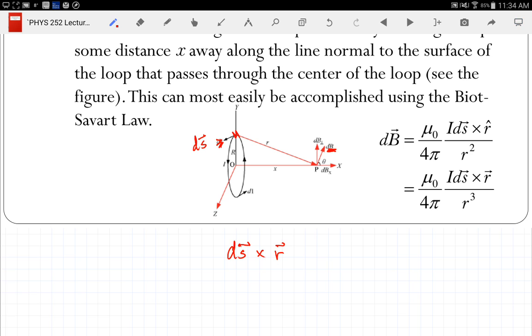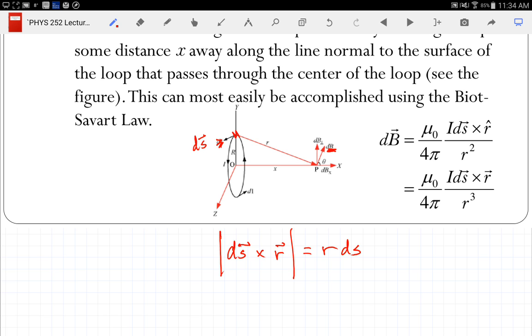That makes me happy because the magnitude of ds cross r, I chose to use the bottom one, I guess. I was going to use the top one, but I accidentally chose the bottom one. So that's going to be r ds for the magnitude. And the direction we determine by using the right hand rule.